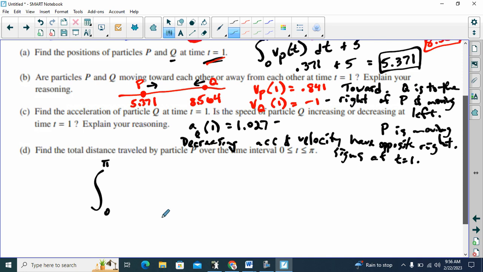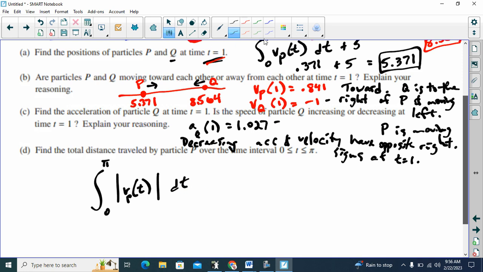Total distance traveled, whether I'm moving in the positive or negative direction, I'm going to count that as positive distance. So we are going to integrate the absolute value of v of t dt. Probably should show that it's v sub p of t that we are integrating.